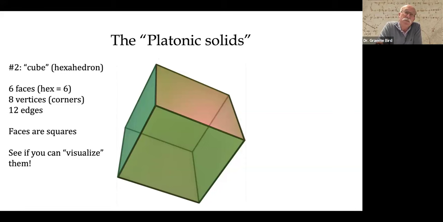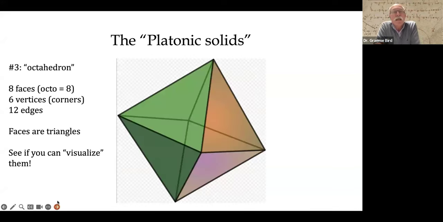And for those of you that want to research this later, the 8 is the harmonic mean of 6 and 12. It's not the arithmetic mean and it's not the geometric mean, but it is the harmonic mean. And to me, this is really, really fascinating. The word harmonic suggests that there's music going on. And in fact, there are musical applications, but we'll have to save those for another time.